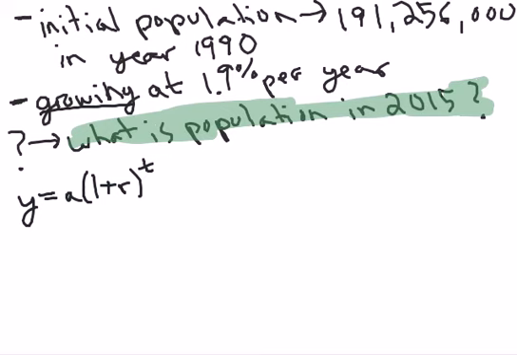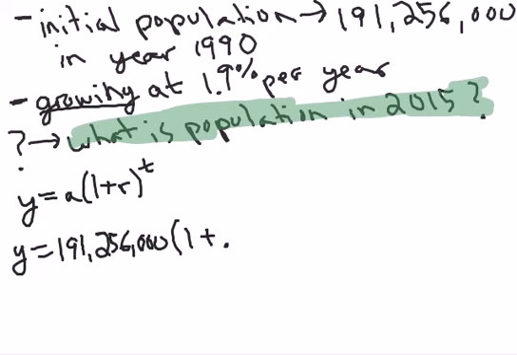where A is going to be 191,256,000. So it's a pretty big number, which makes sense because it's a population. Then I'm going to have 1 plus R, but R is going to be written as a decimal, 1.9% written as a decimal. If you need to go back and review that, go ahead and look at that. But you move the decimal place 2 points to the left.